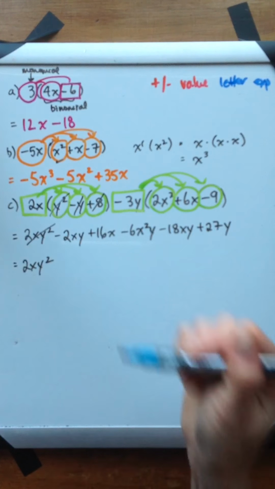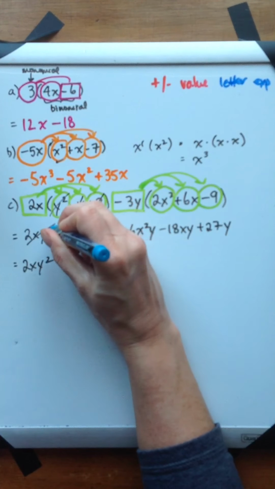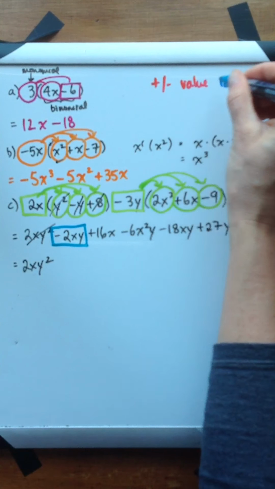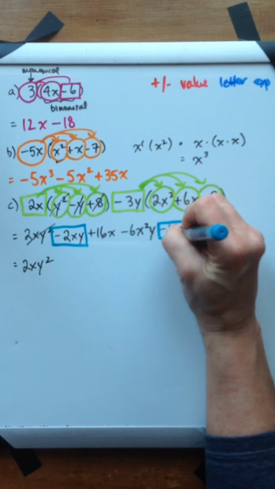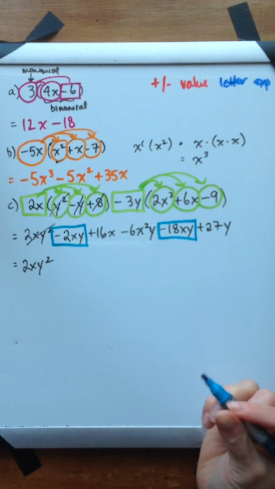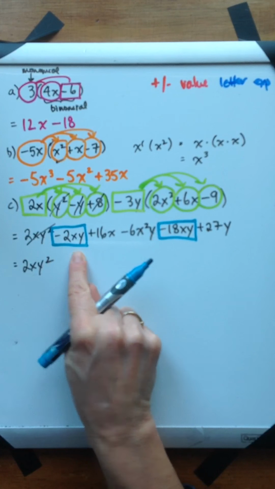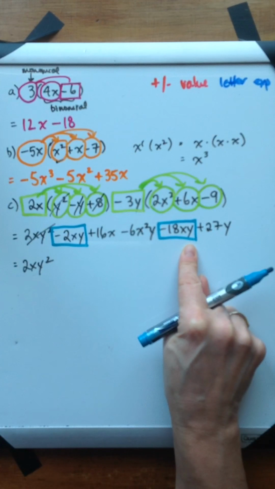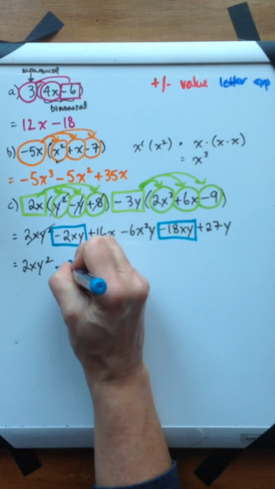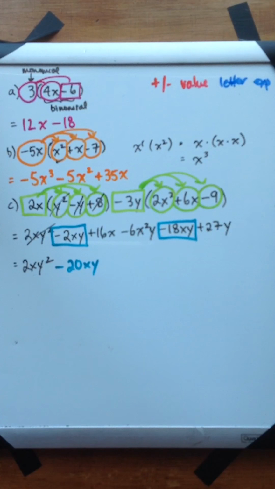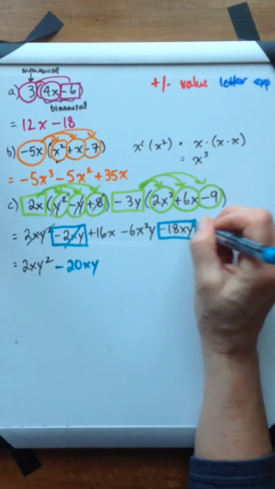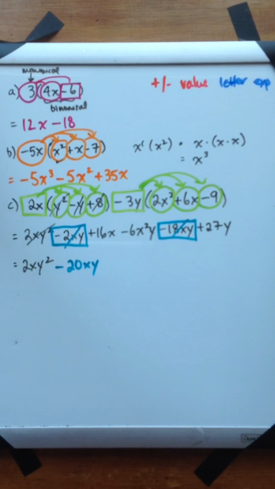So let's identify those terms that are like using sign, value, letter, and exponent. So if I have negative 2 things and negative 18 things, altogether I have negative 20 of those things. And in this case, those things are xy's. Okay? I'm just going to do this so I know that I'm done.